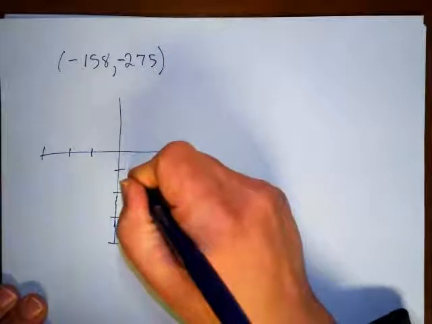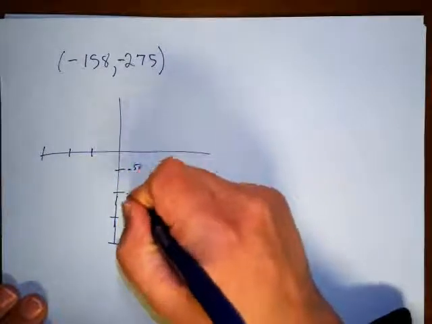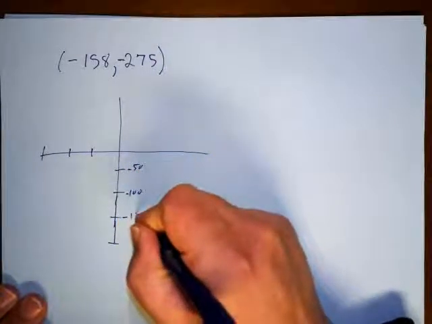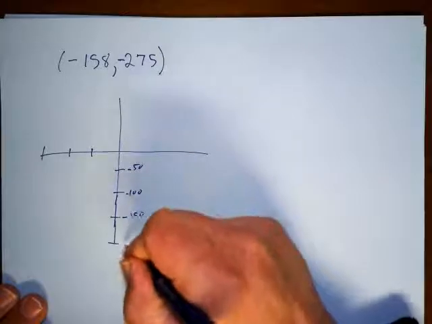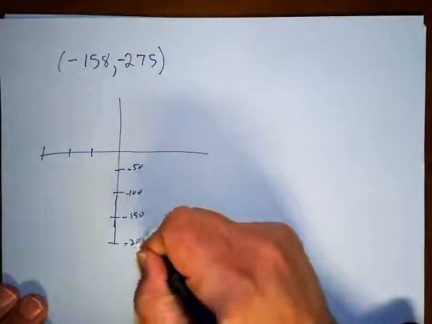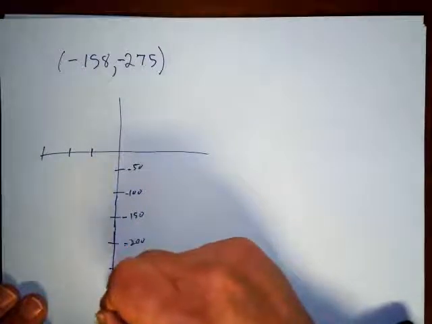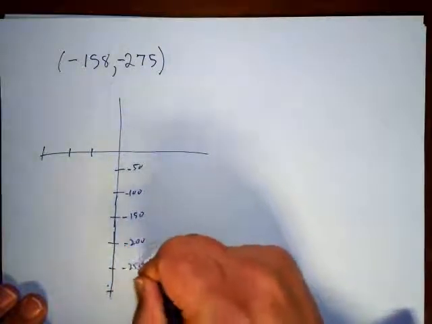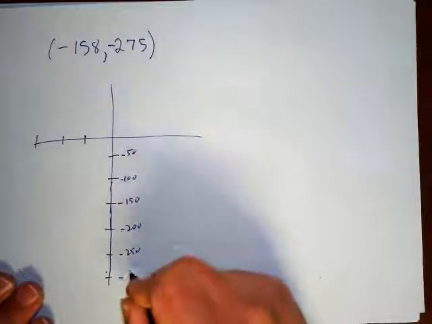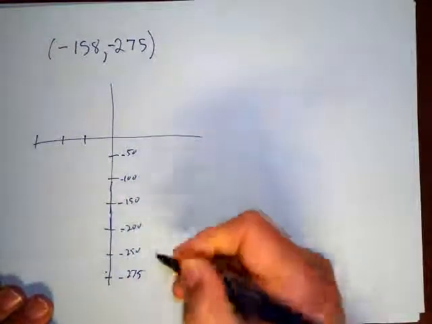And we'll say this is negative 50, negative 100, negative 150, negative 200, I guess I have to keep going, negative 250, negative 275.